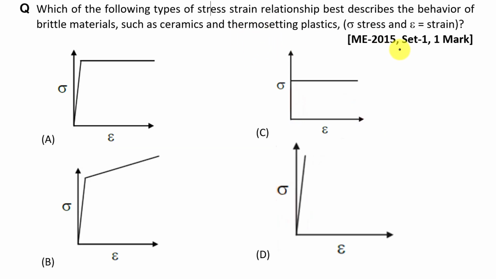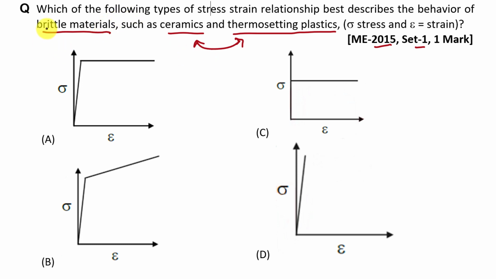Now the next question from year 2015 paper set 1 is, which of the following types of stress-strain relationship best describes the behavior of brittle materials, such as ceramic and thermosetting plastics? These two materials are brittle materials, and we have to select the stress-strain diagram for brittle materials.